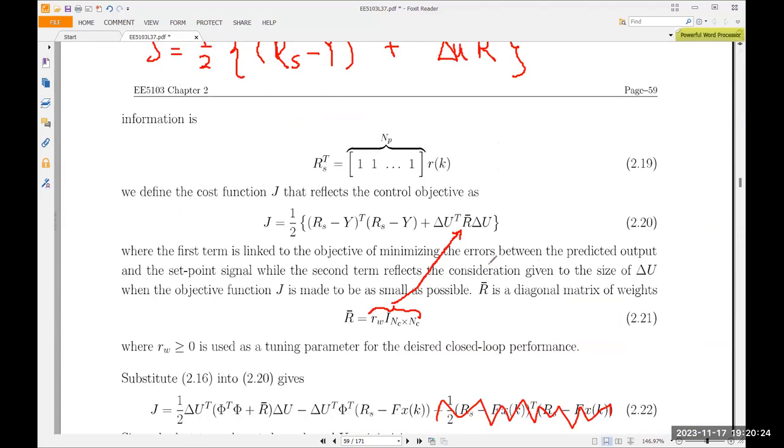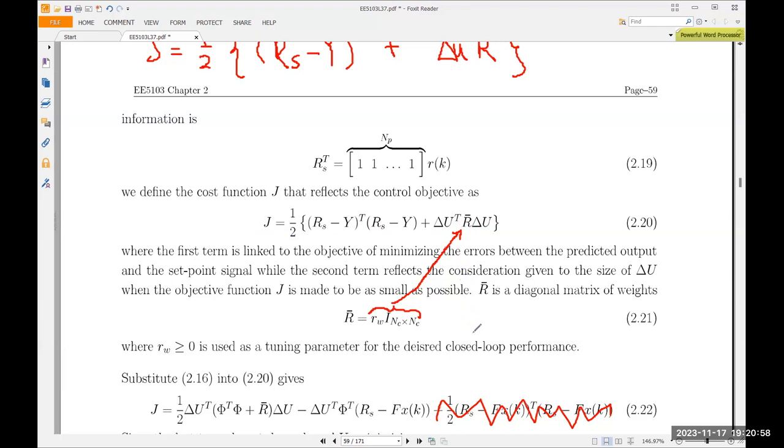You see, when I first taught you, this R, if it is a big number, then they are saying that your delta U is very expensive because it is multiplied by a big number. It has a big contribution to J. Then the optimization program will give you very small delta U.